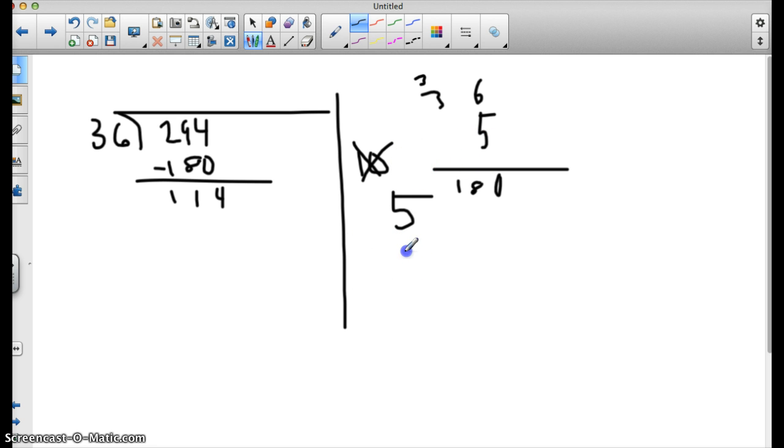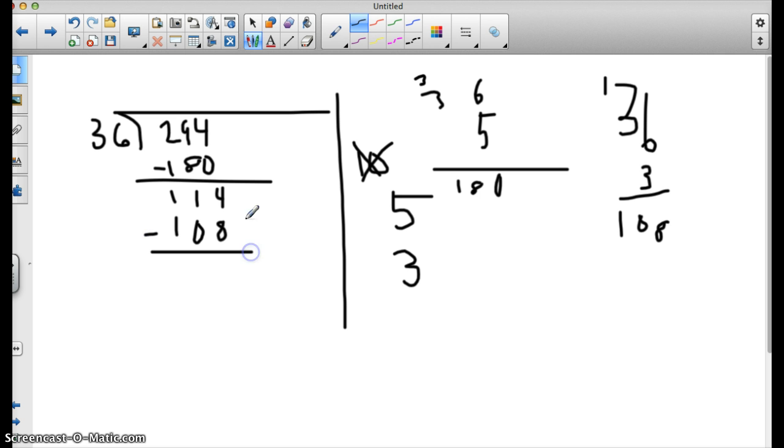Maybe a 3. I know 30 times 3 is 90, so it'll be close. Let's try a 3. So 36 times 3. 3 times 6 is 18. 3 times 3 is 9. Plus 1 is 10. 108. Hey, that works great.